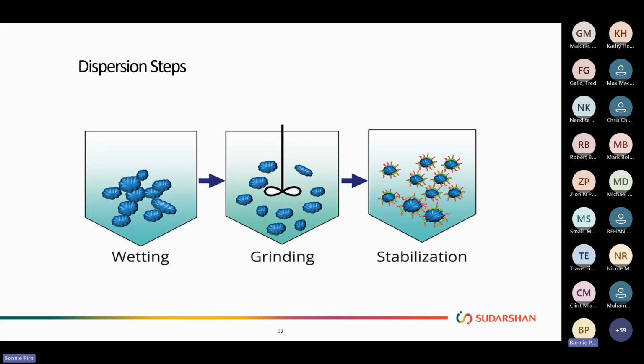Certainly, as I mentioned, wetting and grinding and stabilization, these are the key steps in creating a dispersion. And this is really true, it doesn't matter what the application area, everything you see here is included in all application areas, just a little different in terms of how it gets there and the processes used to get there.